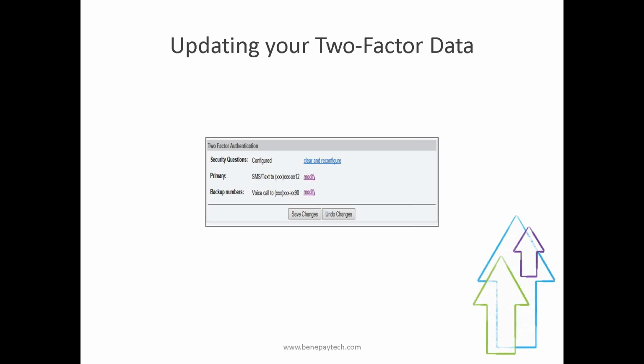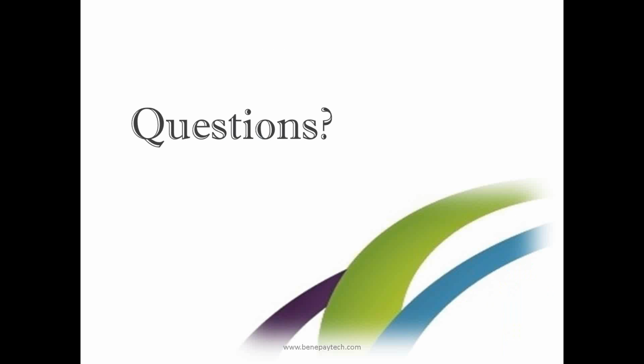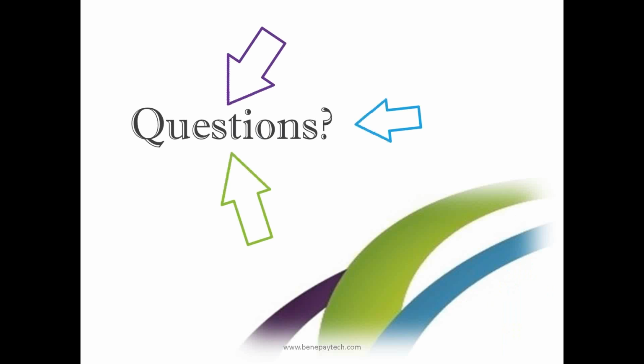At the bottom of the Preferences page, you will see your two-factor authentication setup information. Simply select Modify next to the method or number you wish to change and make your adjustment. And that is the two-factor authentication within Payentry.